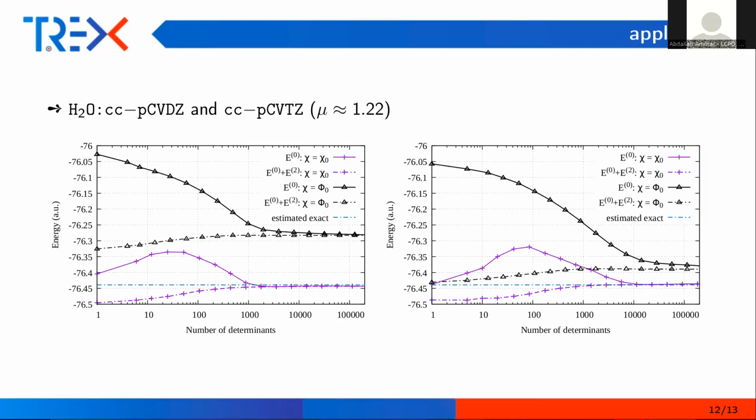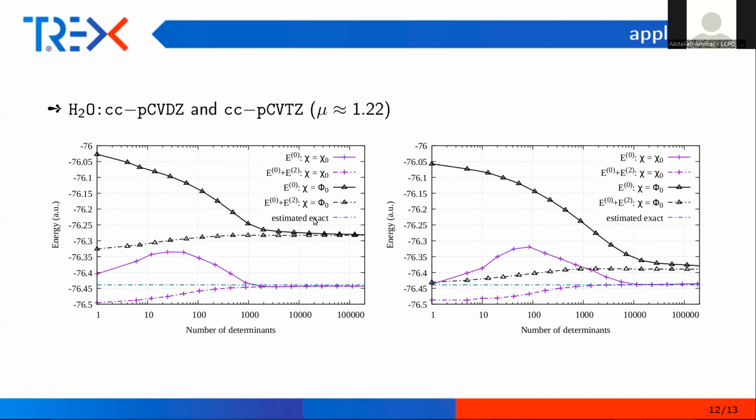After these benchmarks, here is the last application, on the molecule in double zeta basis on the left and triple zeta on the right. Here we have the plot again of E0 and E0 plus E2 for chi equal chi 0 and for chi equal phi 0.